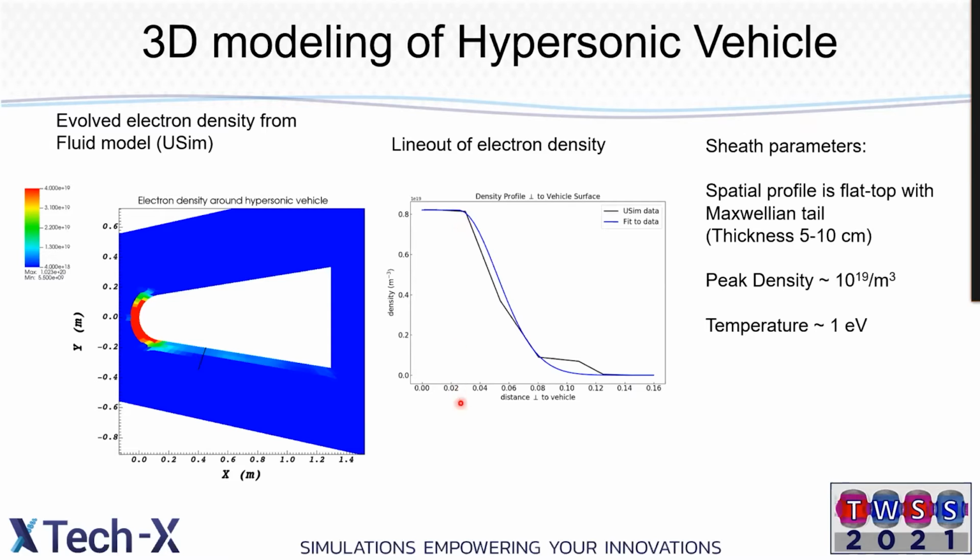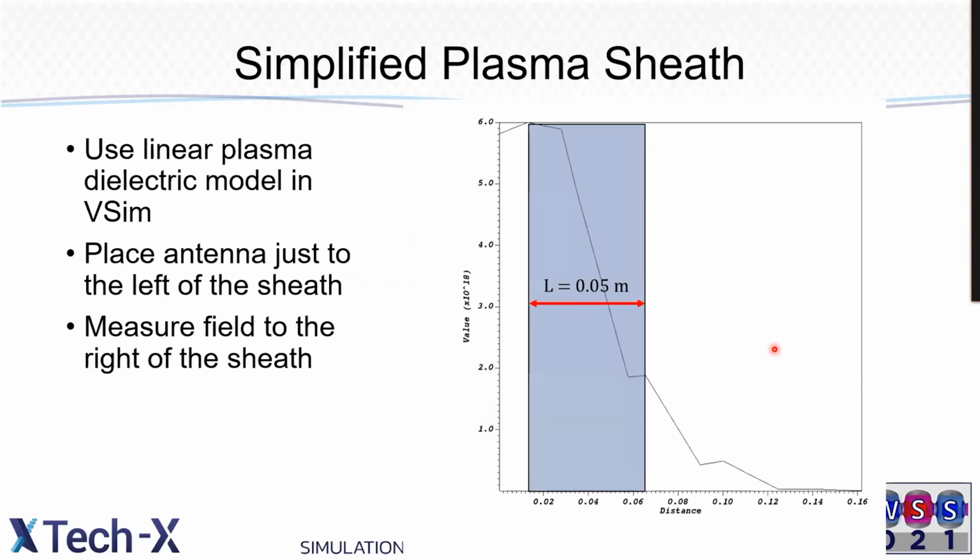This profile shows it's flat-topped for about 4 centimeters, and then it decays as a Gaussian out to about 8 centimeters. The temperature is about 1 eV, so I would qualify this as a cold dense plasma. We simplified this cutout by assuming a constant thickness.